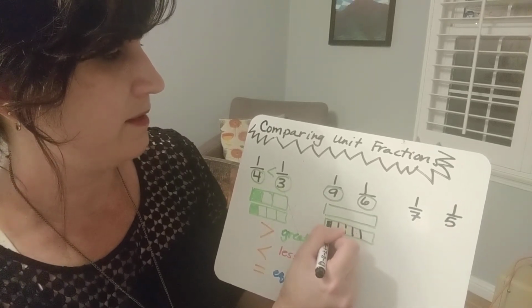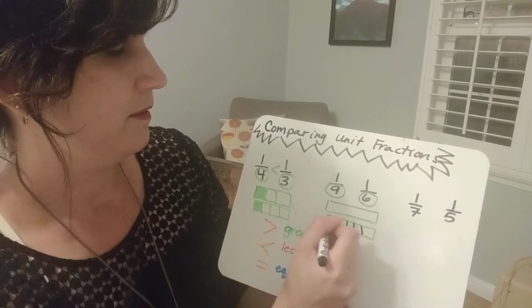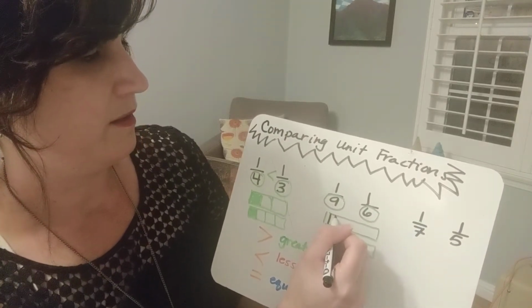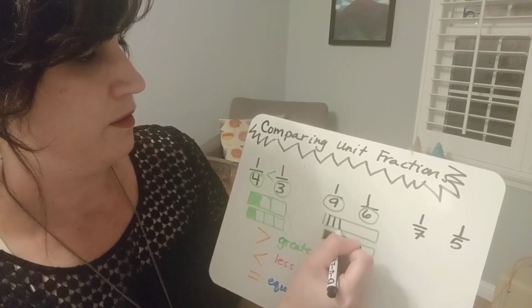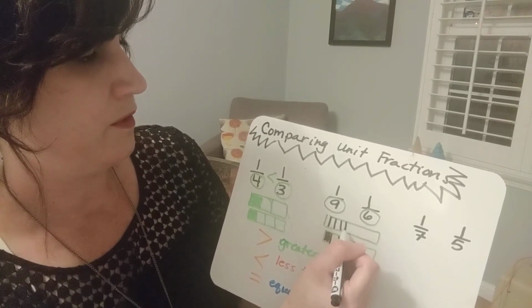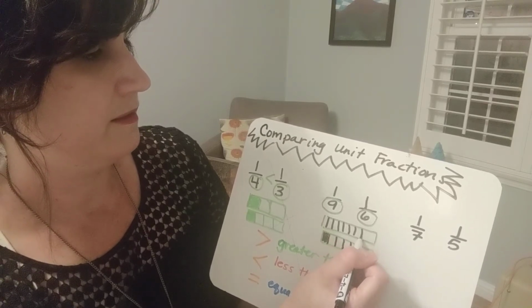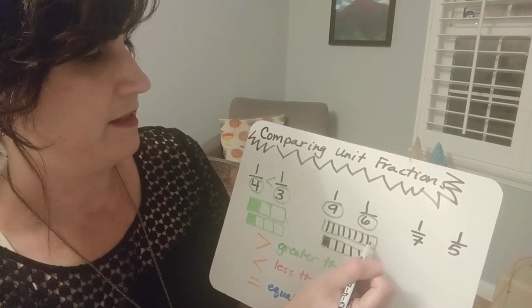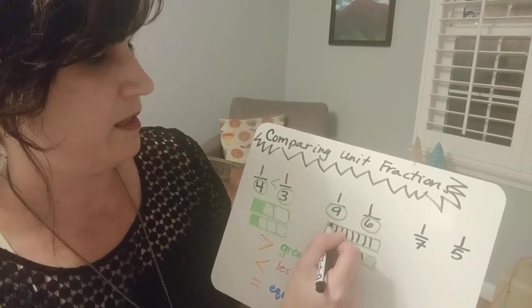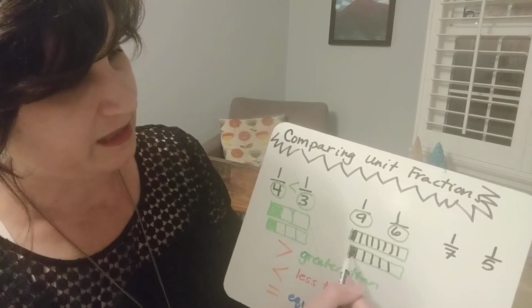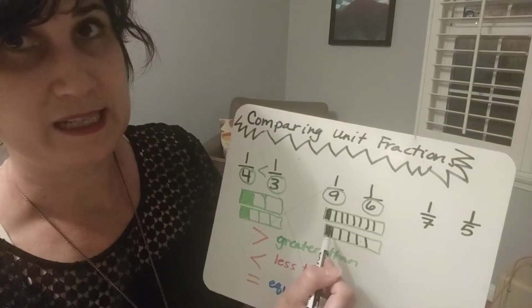And I'm coloring in 1. And then this one's going to be 9ths. So I'm going to have 1, 2, 3, 4, 5, 6, 7, 8, 9, and I'm going to color in one of these little pieces. And I can definitely tell that the 9th is much smaller than the 6th.